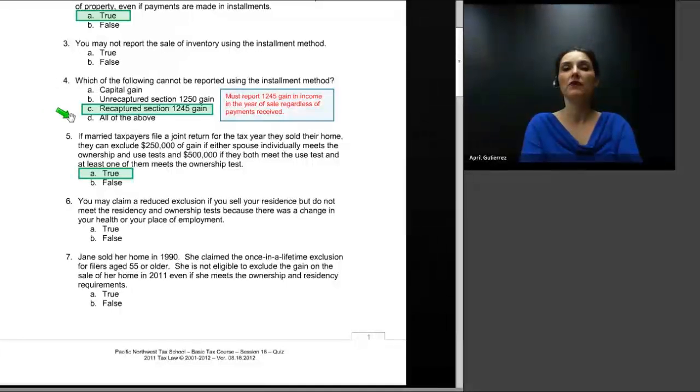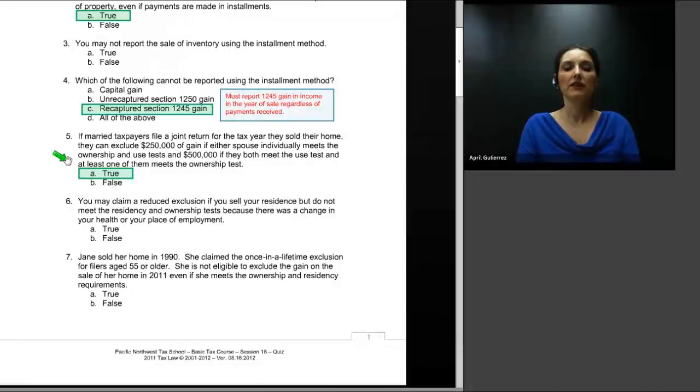He has to report that full gain completely in the year of sale. But the sale of the farm on which he has claimed depreciation is Section 1250 property, and Section 1250 gain is eligible for the installment method. So going back to question number 4, which of the following cannot be reported using the installment method? It is going to be recaptured Section 1245 gain.